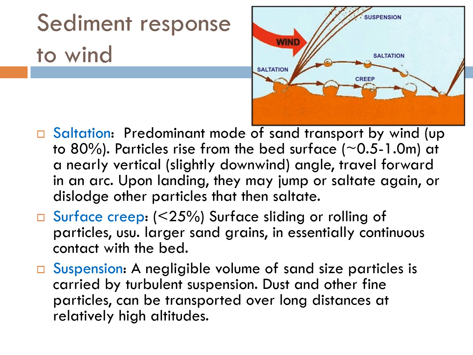Sediment response to wind can be classified into three types, which include saltation, surface creep, and suspension. Saltation is the primary mode of sediment movement under wind action, which can make up to 80% of the sediment transport.